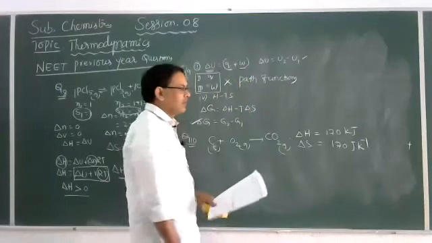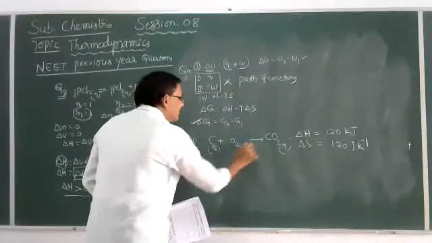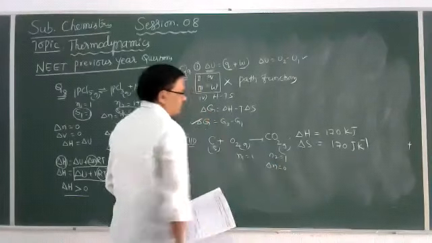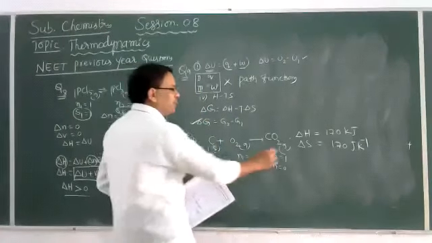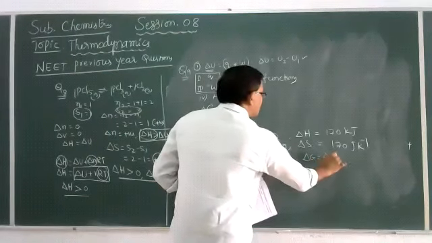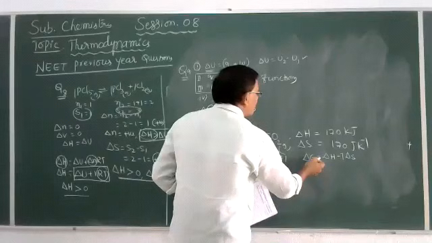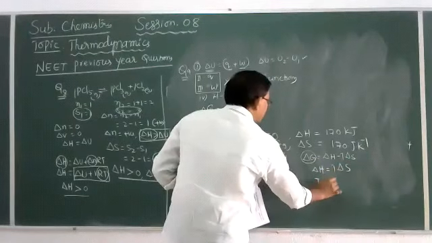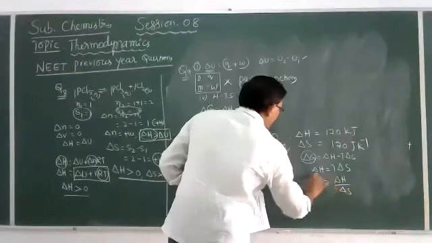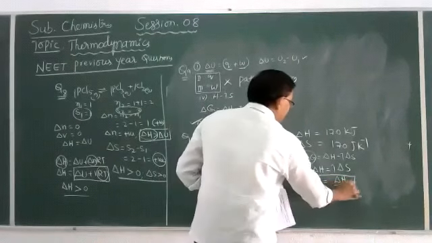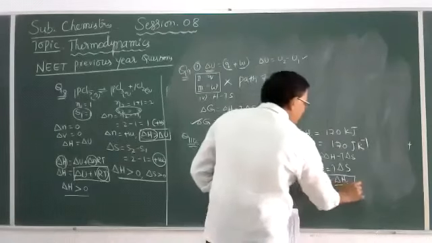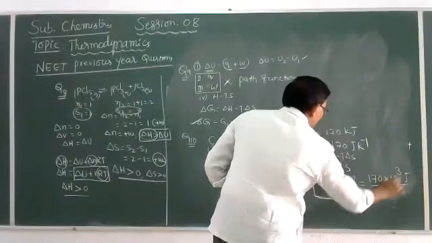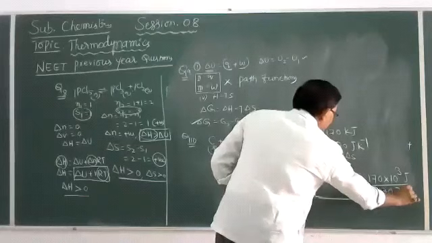Now by using these, here n1 is equal to 1, n2 is equal to 1, so delta n is equal to 0, if we are asked for delta H and delta U. By using delta G is equal to delta H minus T delta S, the process is at equilibrium, so delta H is equal to T delta S. T is equal to delta H by delta S. This is the formula. The value given here is 170 kilo, meaning 10 cube joules, and it is 170 joules per Kelvin.